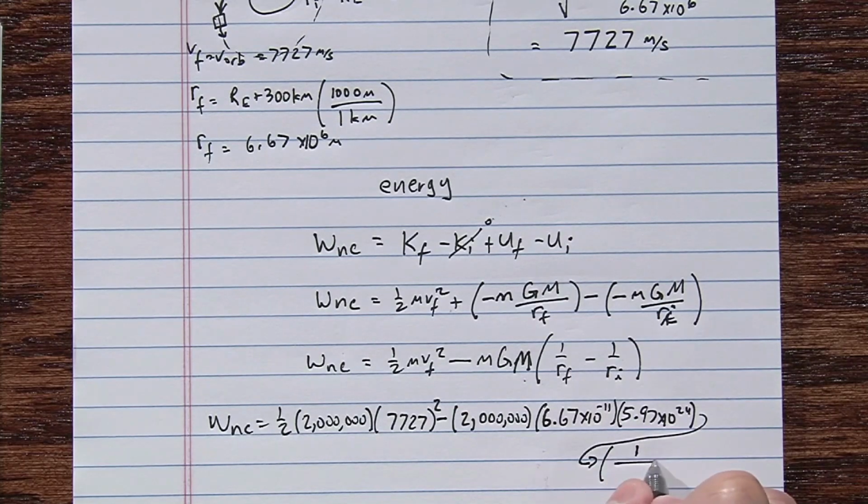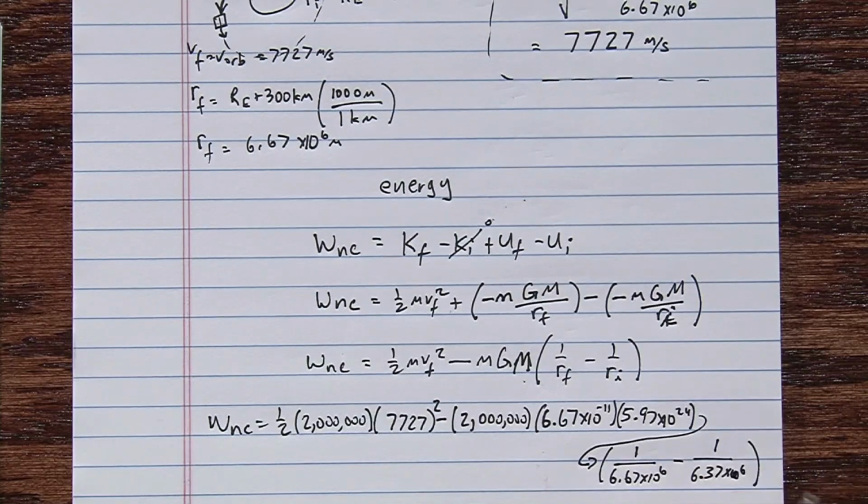So it'd be 1 divided by 6.67 times 10 to the 6 minus 1 over R initial, which would be 6.37 times 10 to the 6. And then close my parentheses. Okay.